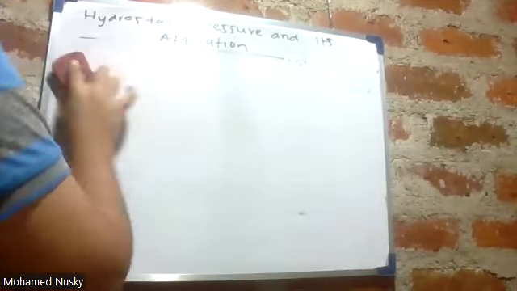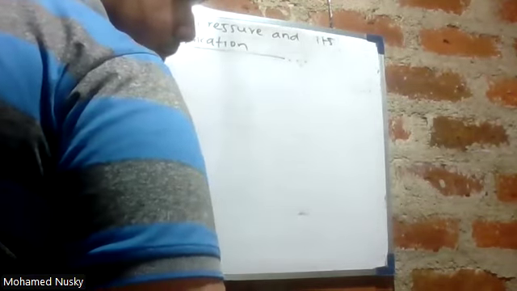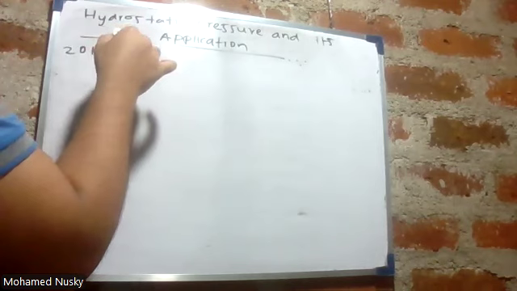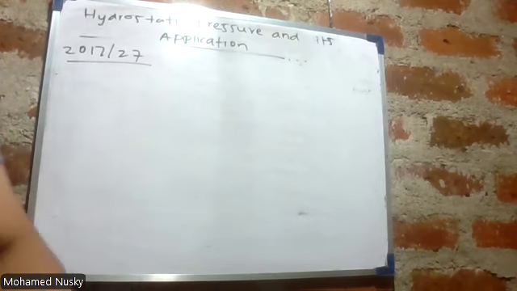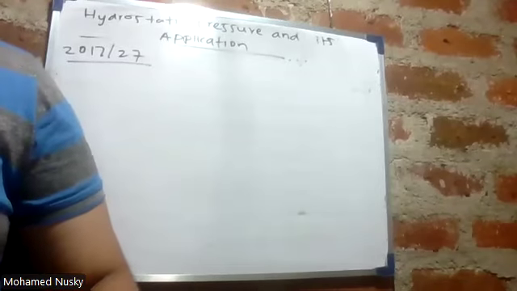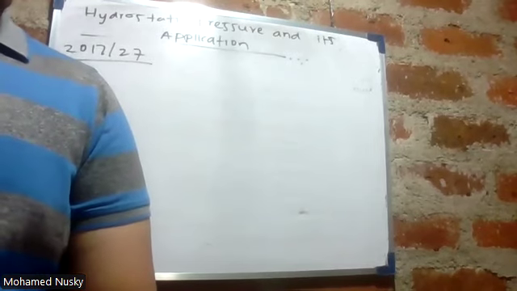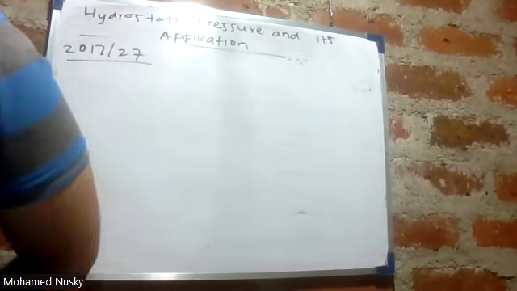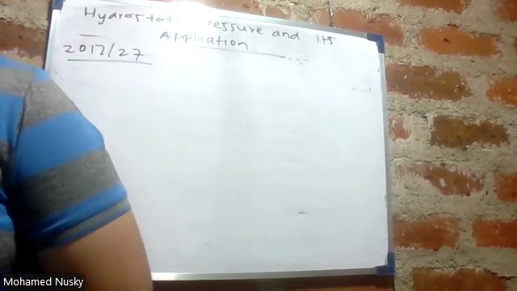Now 2017, 27th question. A situation where a swan of mass 1.3 kilogram is at rest in still water in a pond is given in the figure.